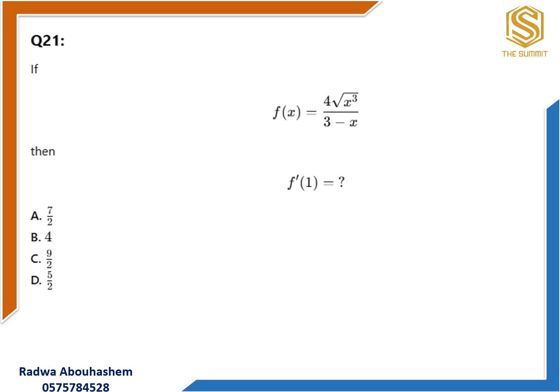If function of x equal 4 square root of x power 3 over 3 minus x, a rational function. Let's try to apply the quotient rule again. Remind you with the quotient rule. Here it is. Okay, here.